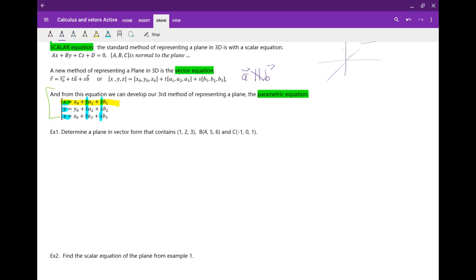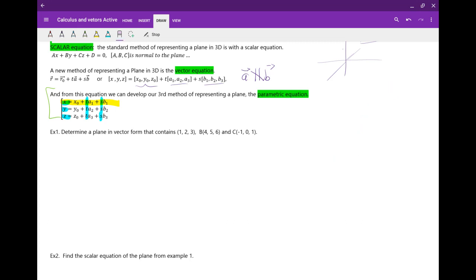Because if they're parallel, then you basically just defined one slope, okay? Imagine I've got my plane here. It says go this far to my point X0, then use A vector to find another point, but then use B vector to find another point. Well, wait a minute, these are on basically the same slope. And so B and A can't be parallel, so that you basically have to find one of the slopes and then another of the slopes.